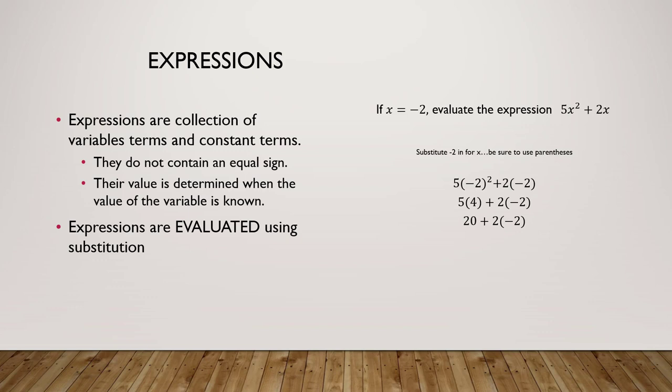So we have 20 plus 2 times a -2. And 2 times a -2 is -4, giving us 20 plus a -4, which is the same as 20 minus 4, or 16. Therefore, if x is equal to -2, then the value of the expression 5x squared plus 2x is 16.